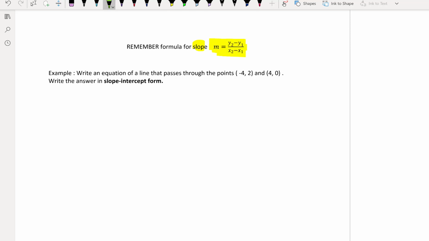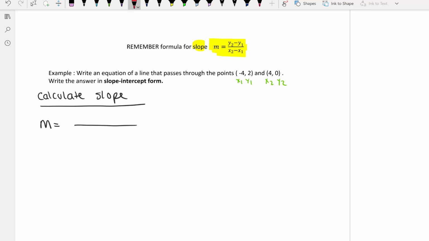So I'm going to have to label this as x1, y1, and x2, y2. So calculate slope. That's going to be my part 1. So then I'm going to have m is equal to, and I know that I have subtraction in between. So my y2 is 0, my y1 is 2.